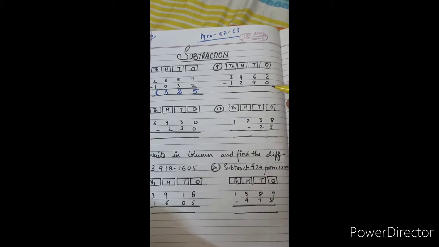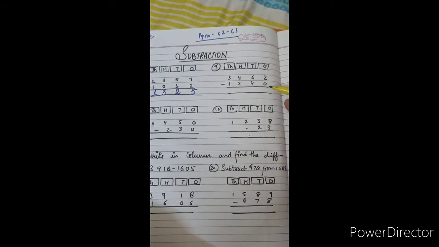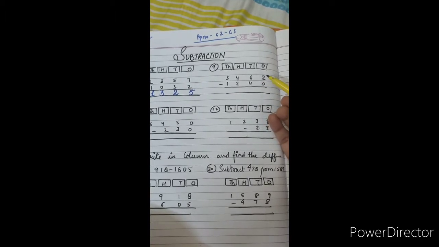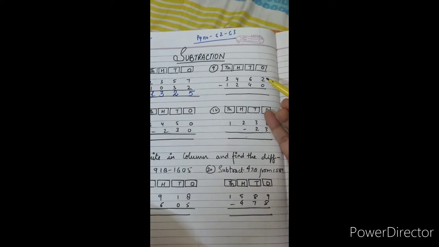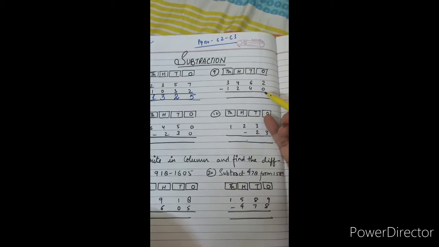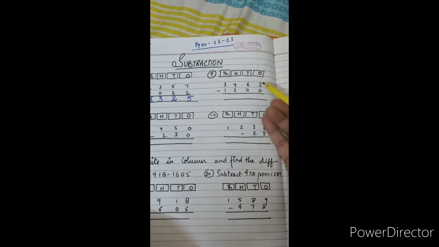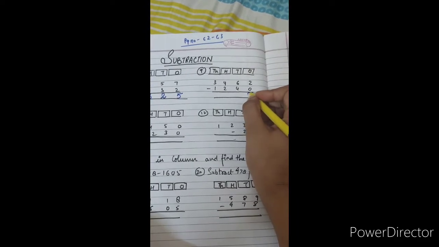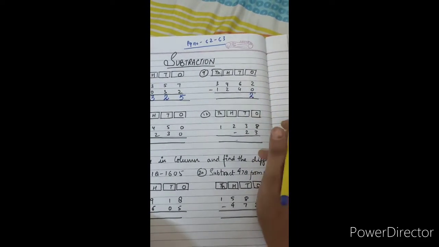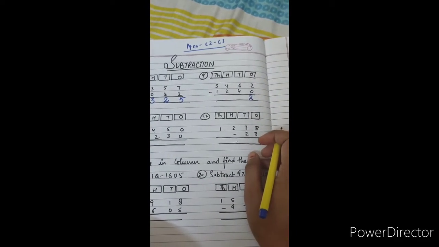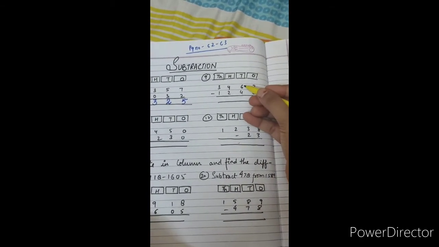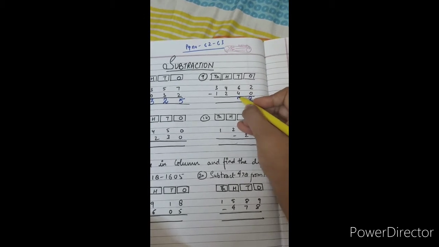3462 minus 1240. So we want to subtract 1240 from 3462. Now subtracting ones. We want to subtract 0 from 2. So 2 minus 0 is 2. And now subtracting tens. We want to subtract 4 from 6. So 6 minus 4 is 2.